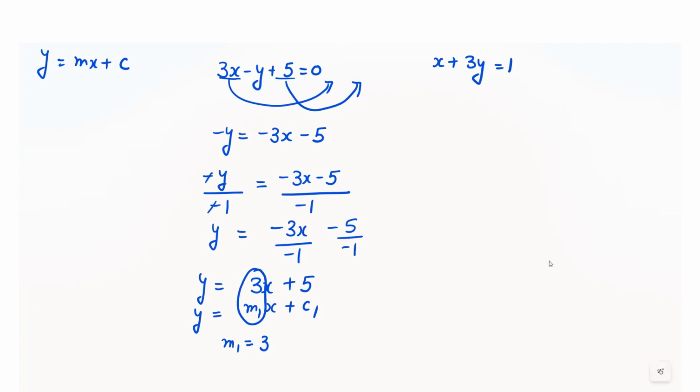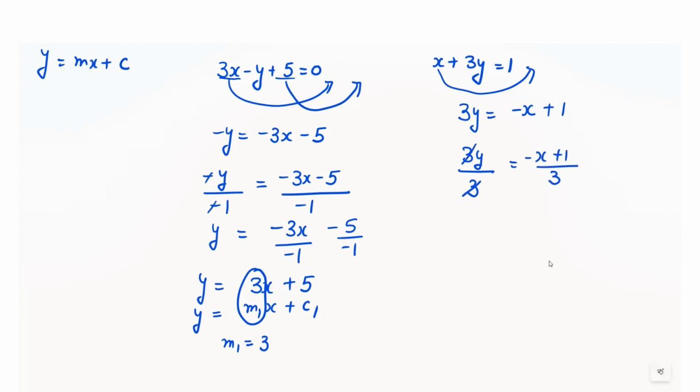Similarly, for the next equation, we'll do the same. We'll take all the values to the other side except y. So I'll take x to this side. What I will get here is 3y = -x + 1. Now we have to divide both sides by 3. I'll do that: (-x + 1) over 3.